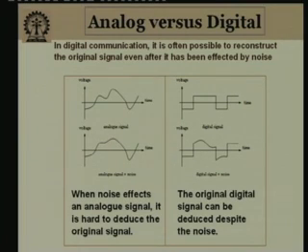Whereas, if similar noise gets superimposed on a digital signal, as you see on the right, the signal gets distorted, but since we know that the original signal was square shaped, we can deduce the original signal from the distorted signal. So, despite the noise, the noise can be eliminated easily in digital communication. That is the greatest advantage of digital communication.